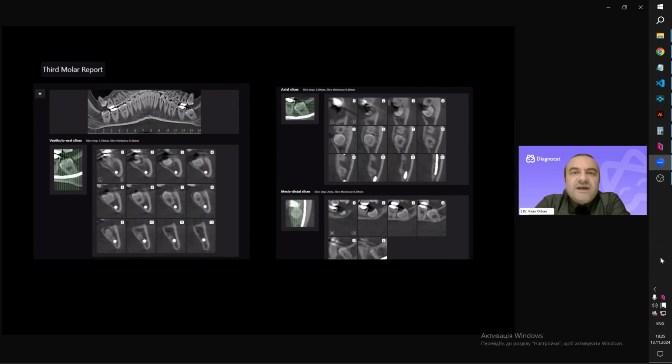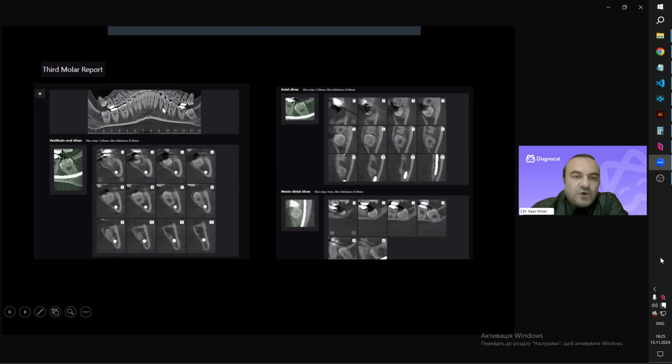Let me show you an example from the 3D imaging, CBCT imaging modality. So we have the volume. From the volume, DiagnoCat reconstructed the OPG and also reconstructed the cross-section, the axial slices, and mesiodistal slices as well.